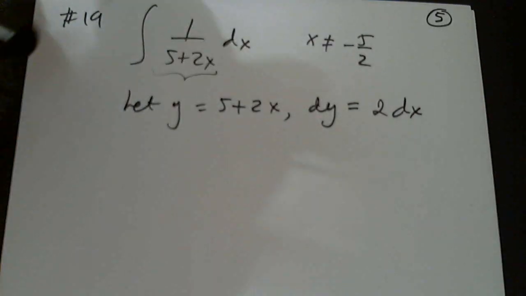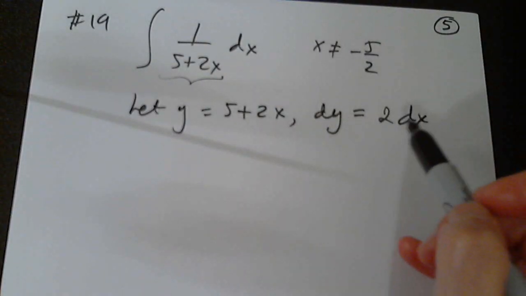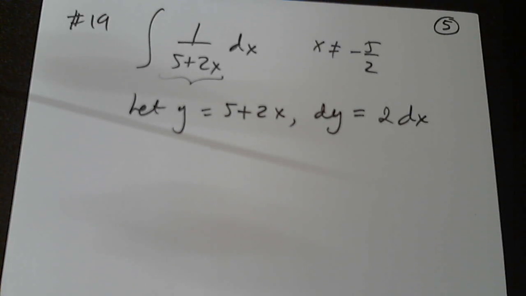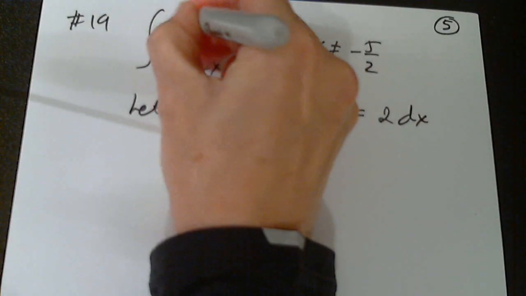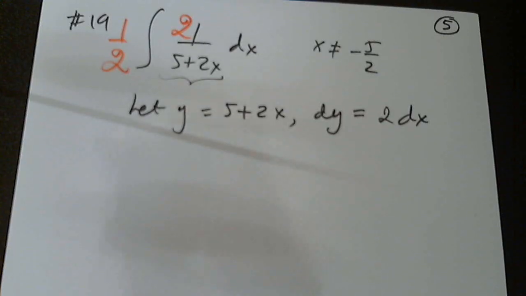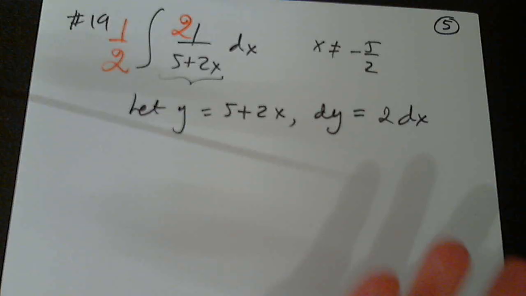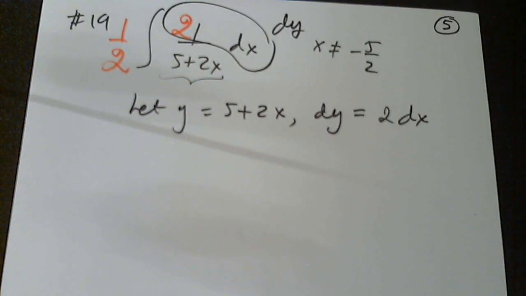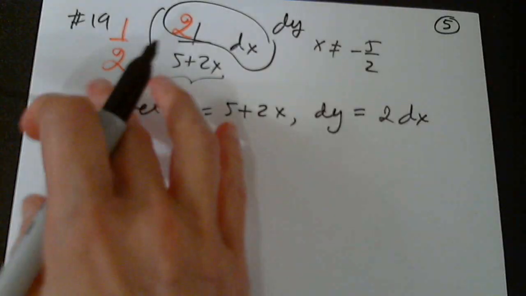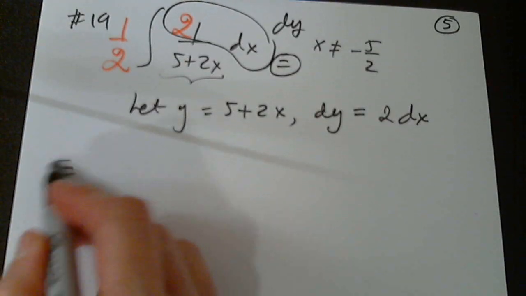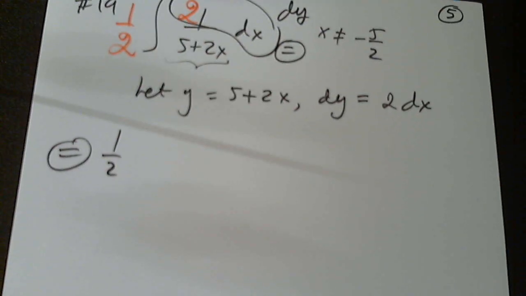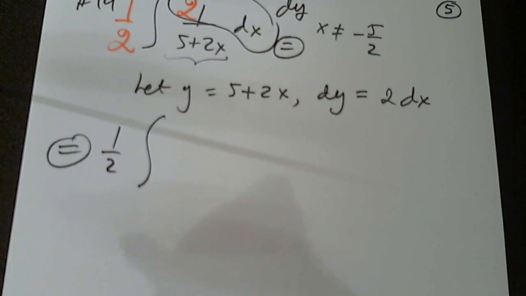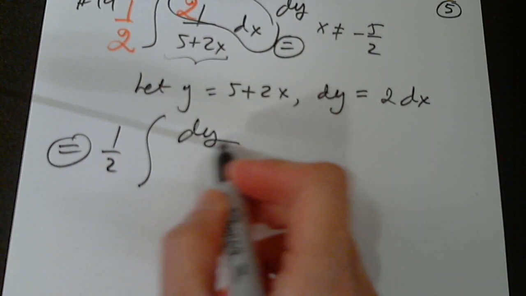Very good, thank you. So I have the dx, but I don't have the 2. No problems at all. Multiply by 2 and divide by 2. When I multiply by 2 and divide by 2, I haven't changed anything because this is 1. But now I have the dy, and that was my purpose. And I leave the 1/2 outside, patiently waiting. So the integral from, again, dy over y.